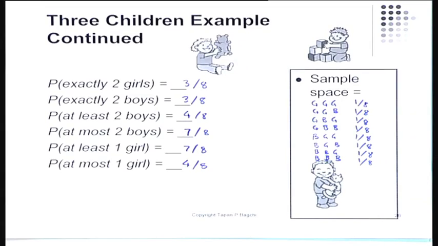Take a look at, for example, exactly 2 boys. Exactly 2 boys is again the same situation. Boy, boy, girl; boy, girl, boy; or girl, boy, boy. And these are again 3 possibilities only. So again, the probability for finding exactly 2 boys in a family of 3 kids is going to be 3 divided by 8.